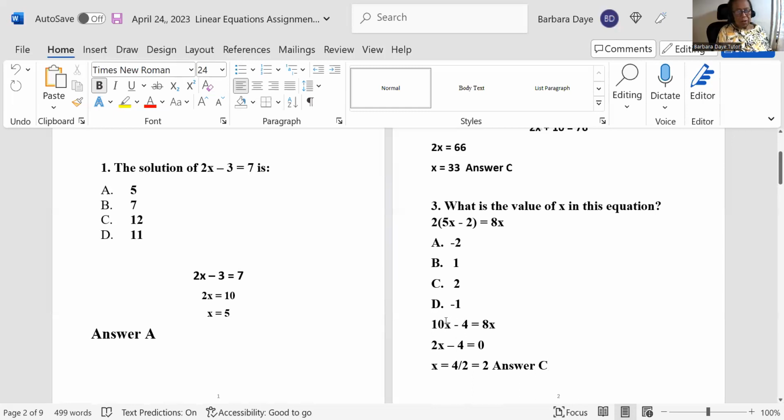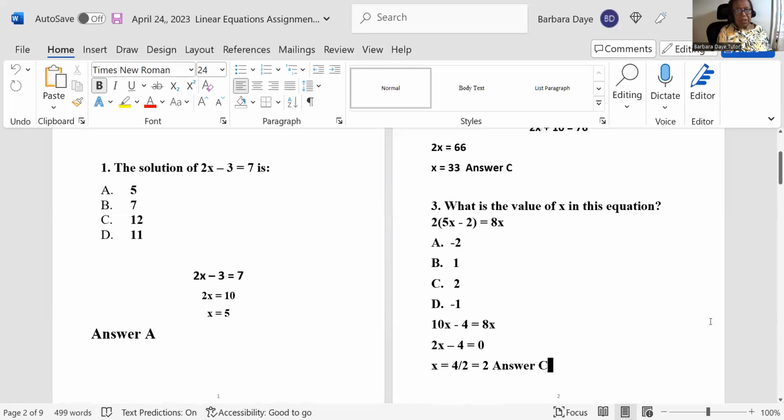Because you want to get all your variables over on the left. Audrey subtracted 8x from both sides. 10x minus 8x is 2x. 8x minus 8x is 0. Then she added her 4 to both sides. 2x equals plus 4, and divided 2 into the 4 to get x. And she got a 2.